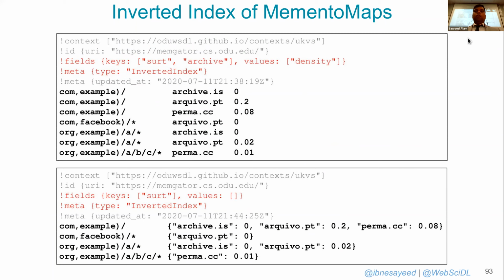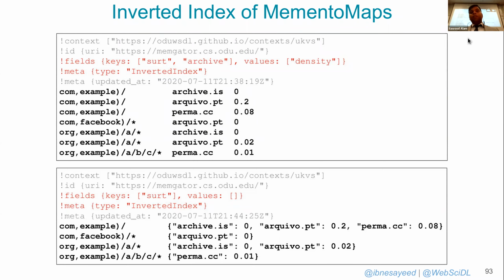The top one has basically keys followed by the URI, the archive they belong to, and the density score. But the other one combines them together. If the keys are the same, their archive and corresponding score can go in a JSON block here. The second one more closely matches how inverted indexes are done in traditional information retrieval systems.